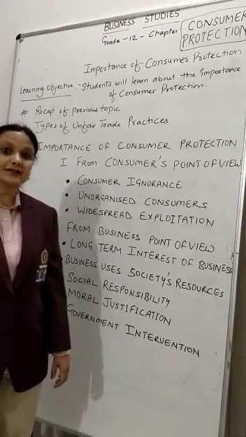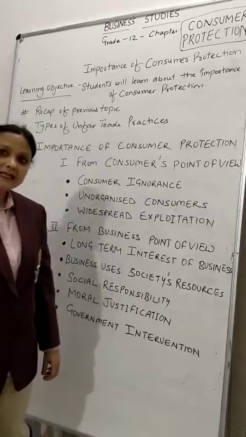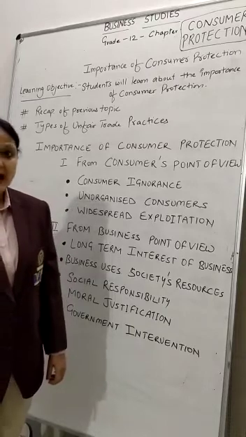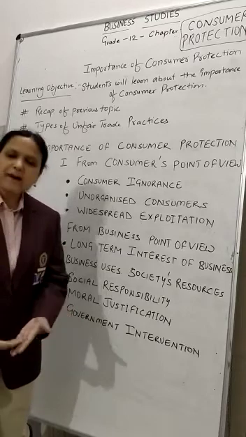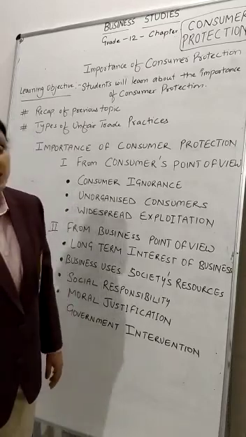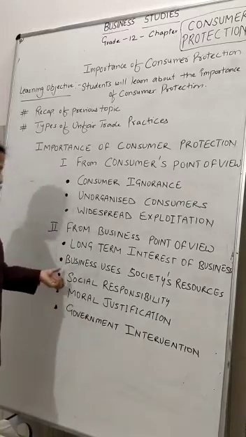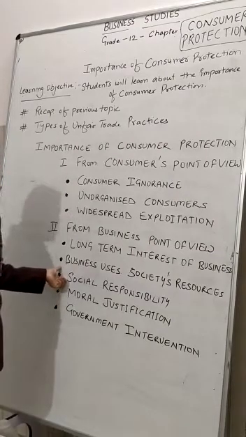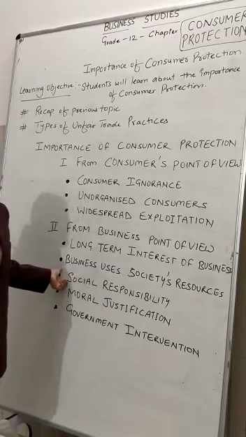Customers, an important part of society, expect good quality products at a reasonable price. Creditors expect their payments at the right time. When we talk about consumer protection, we talk about the consumer only. So it is the social responsibility of business to provide good quality products at a reasonable price.